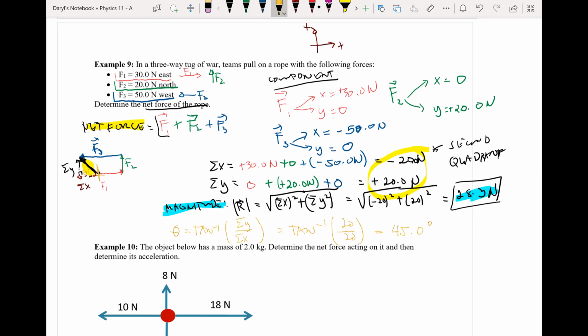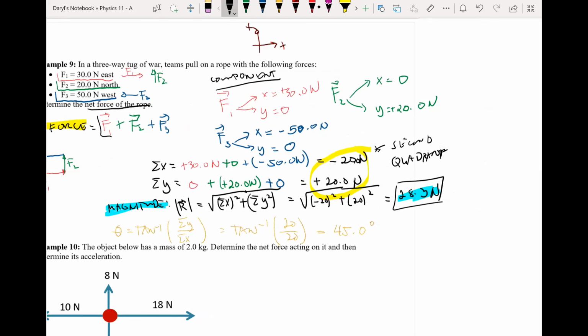So therefore the final answer should be, the net force would be the combination of your magnitude and direction. So that would be 28.3 newtons, the magnitude, and then 45.0 degrees north of west.